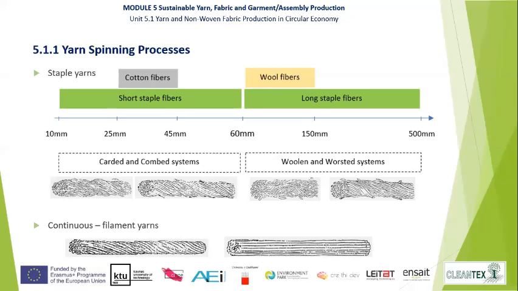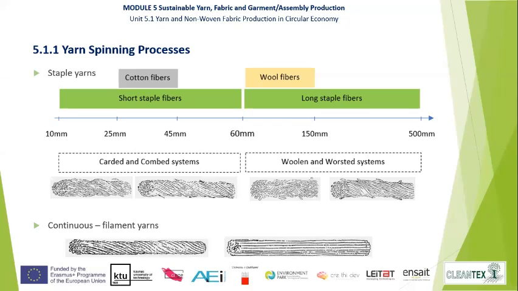When the fibers are between 10 and 60 millimeters, we say that they are short staple fibers. When they are between 60 and 500 millimeters, they are long staple fibers. For example, the cotton fibers are short staple fibers, and the wool fibers are long staple fibers.